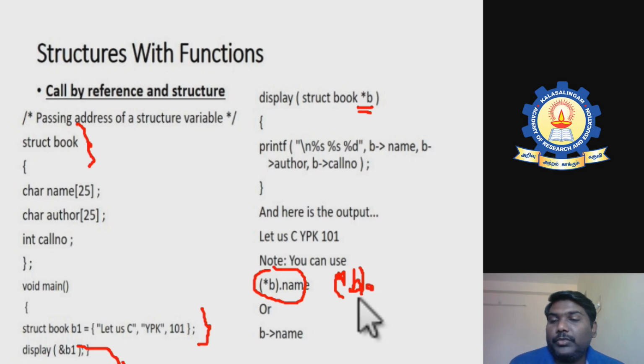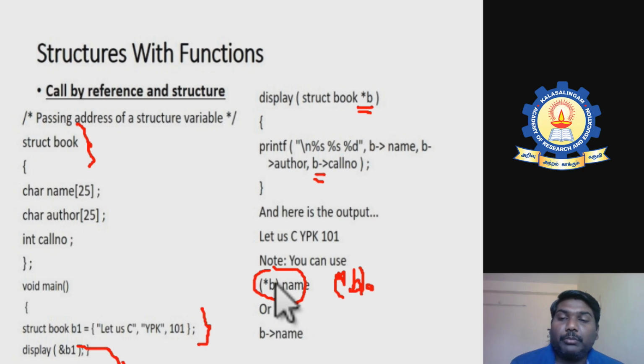Otherwise, you can use a minus symbol and a greater than symbol together. So instead of using open braces, star b, you can directly call b with a hyphen and a greater than symbol. Both ways you can use this. If you want to use the dot, you use open braces and close braces with star b and then a dot.